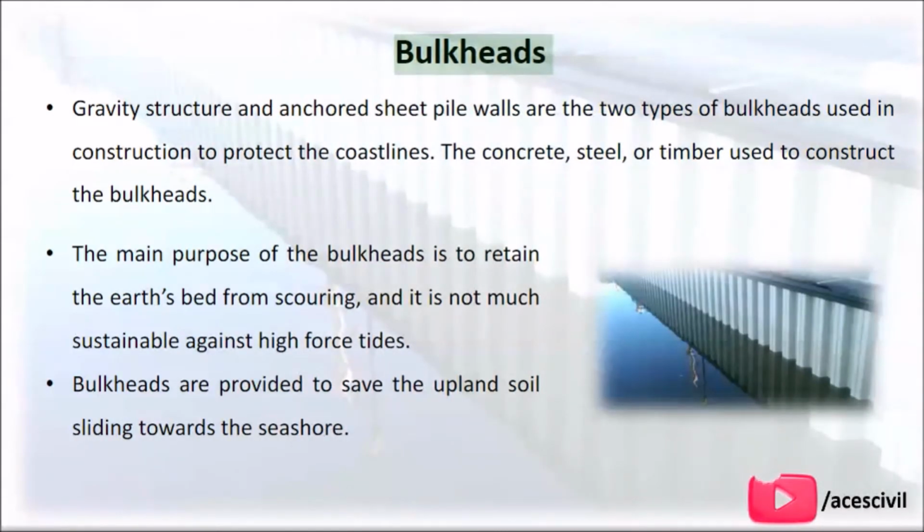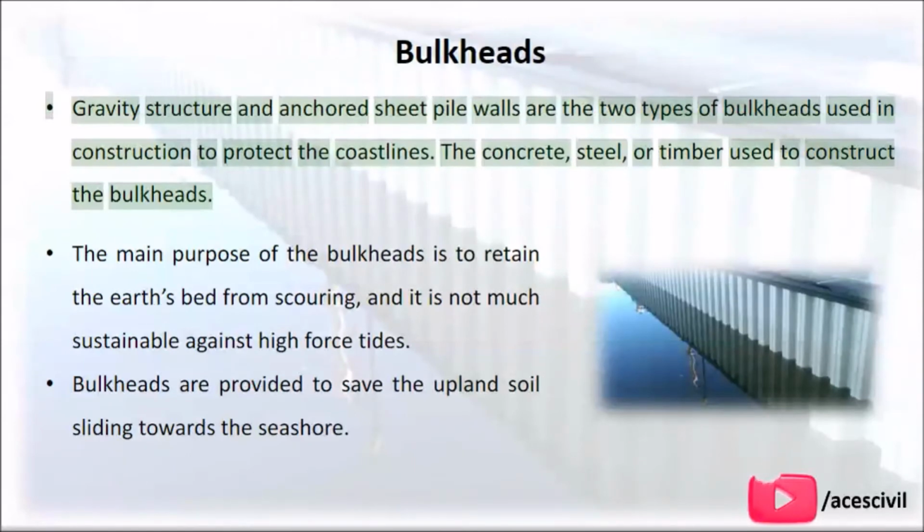Bulkheads. Gravity structures and anchored sheet pile walls are the two types of bulkheads used in construction to protect the coastlines. Concrete, steel, or timber is used to construct bulkheads.